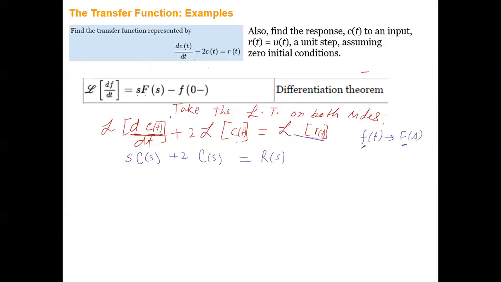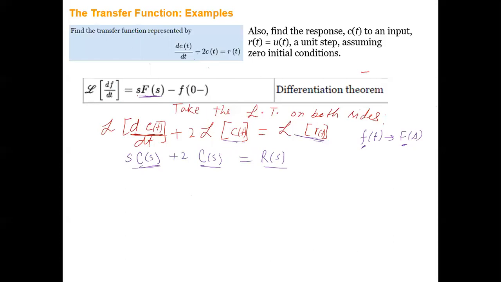But we have the derivative here, so the Laplace transform of a derivative is s times F(s). In the same way, we have s times C(s). Then the Laplace transform of c(t) is obviously C(s), and of r(t) it is big R(s).